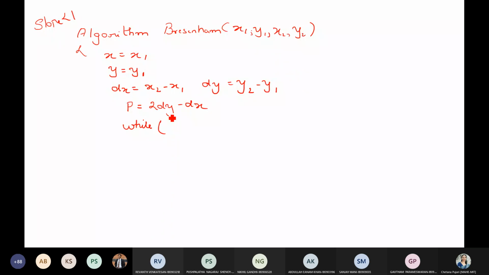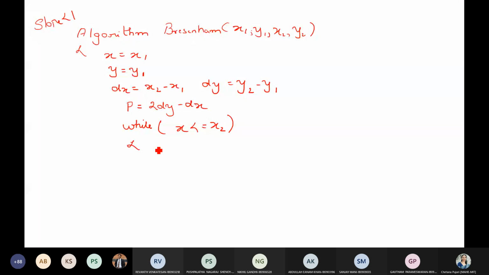Next, you can either make use of while loop or for loop. So while x is less than or equal to x2. This is the initial value, this is your end value, because x is assigned to x1, right? And x2 is our end value. So we are going to check the condition.